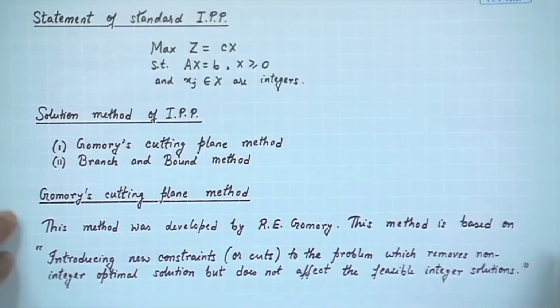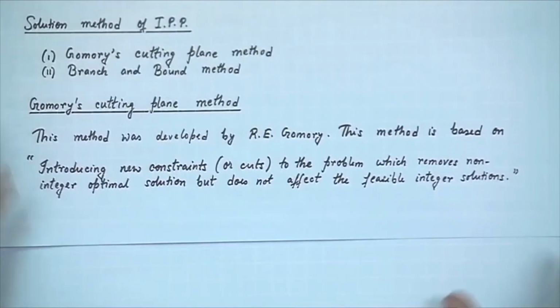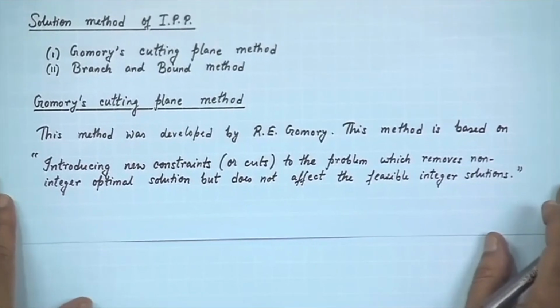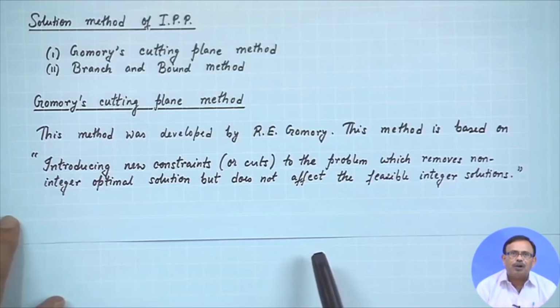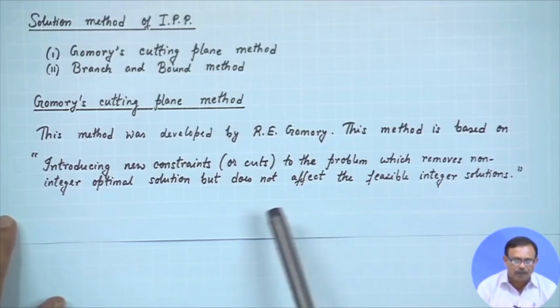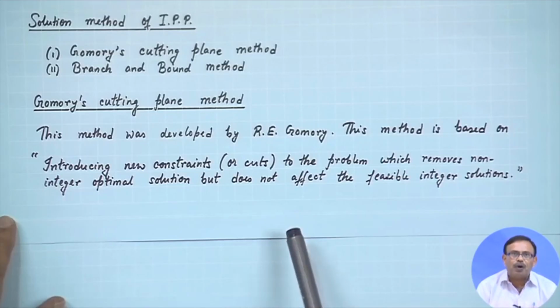Gomory's cutting plane method, in this particular method what happens? It was developed by R.E. Gomory, and this method is based on the basic concept of introducing new constraints or cuts to the problem, which remove the non-integer optimal solution, but do not affect the feasible integer solutions.